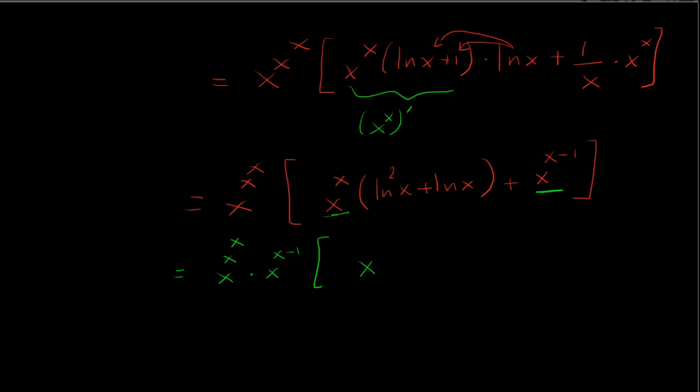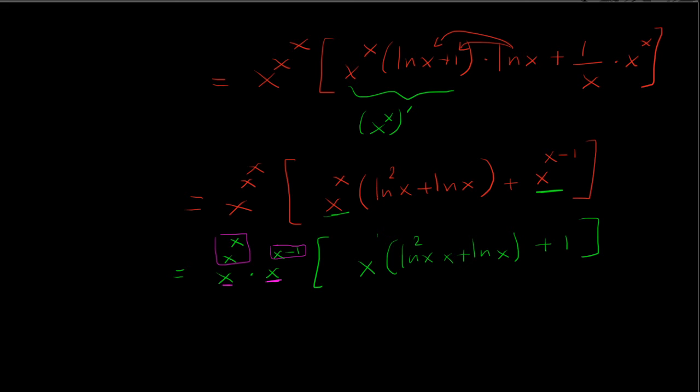So the only thing here is I have to multiply by x. So that would just be times ln squared of x plus ln of x plus 1. Okay, let's work with these guys. So they both have the same base x. The exponent here is x to the x. This exponent is x minus 1.